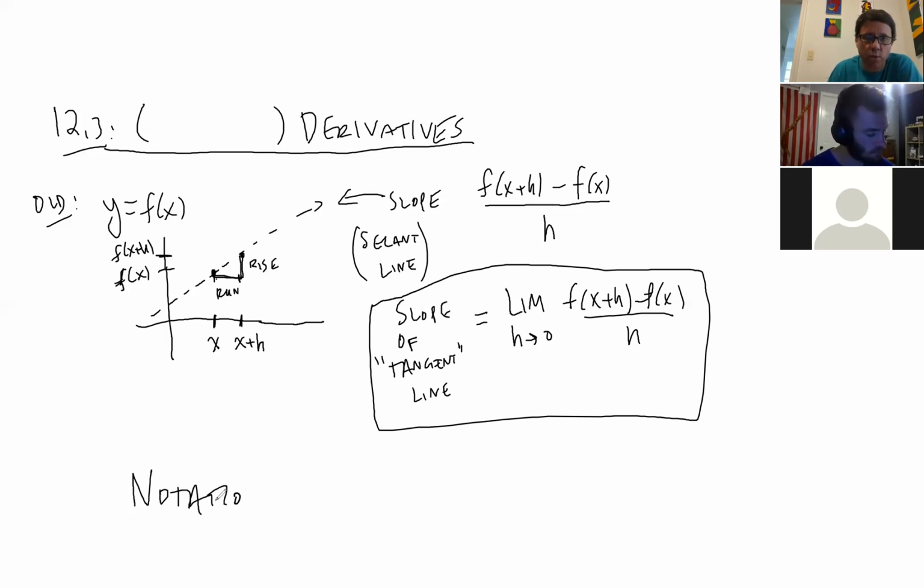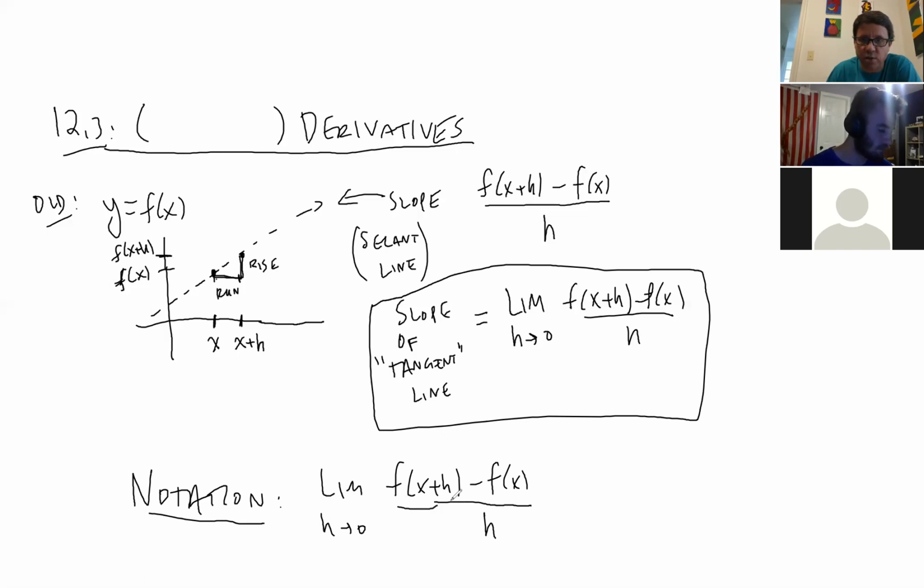So we're still in the old case here. The notation for this limit, h goes to 0, f(x plus h) minus f(x) over h, which has its own algebraic challenges sometimes.